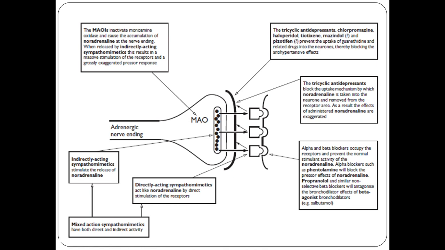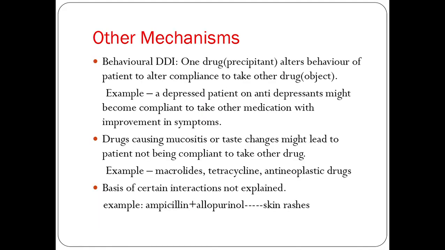So these are the pictures showing the pharmacodynamic interactions. Then another mechanism is behavioral DDI, drug-drug interaction. One drug, the precipitant, alters the behavior of the patient and so alters compliance to take the other drug, that is the object. For example, a depressed patient on antidepressants might become compliant to take other medication with improvement in symptoms.